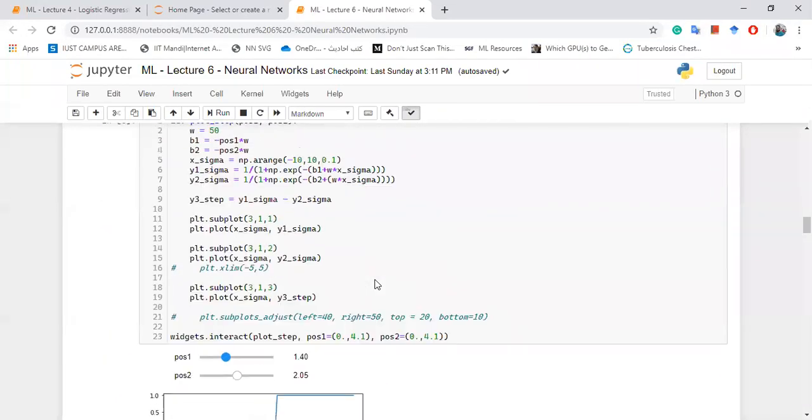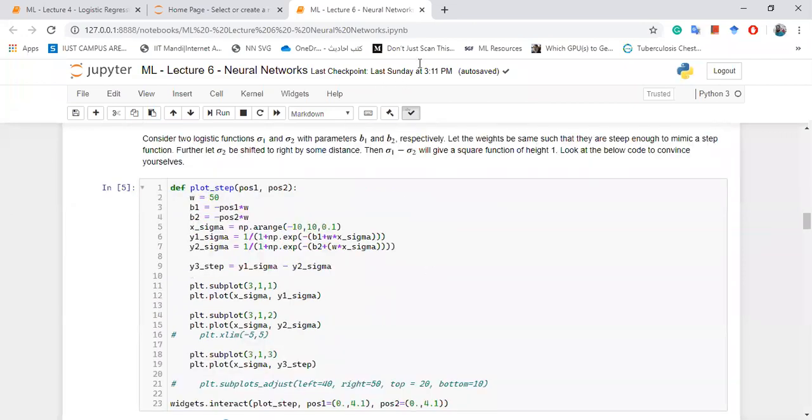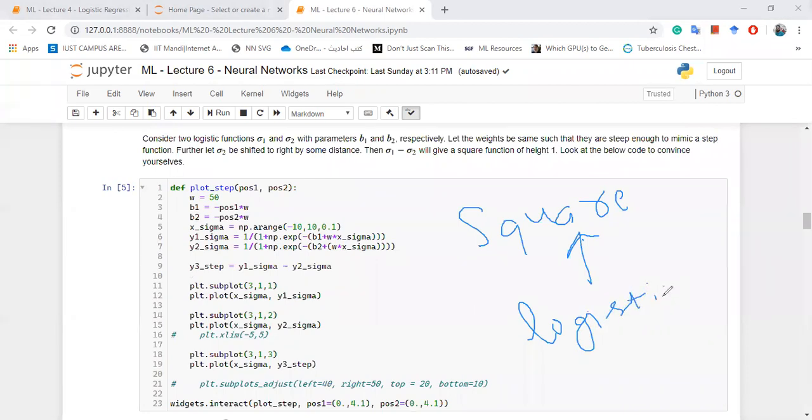Now once we know that, the takeaway is that we have this square function, and this square function can be generated by logistic functions, which we call in this case logistic neurons. Remember, a logistic neuron is nothing but we have a summation and we have a step function. So we give it an x as input, and it will give us either 0 or 1.